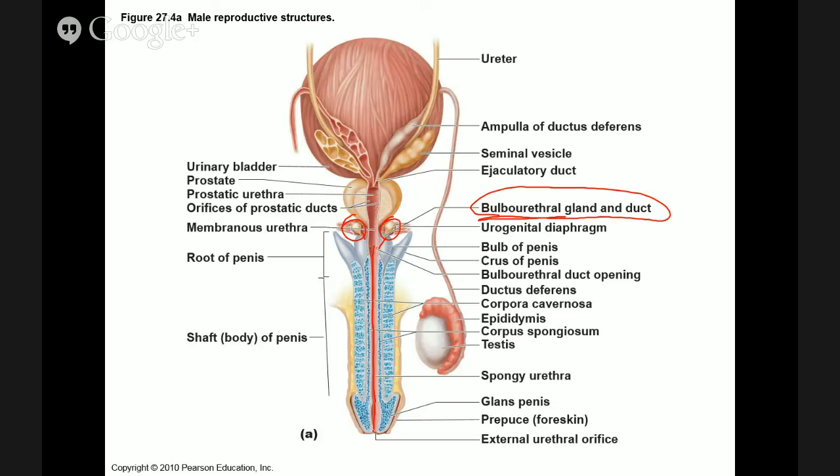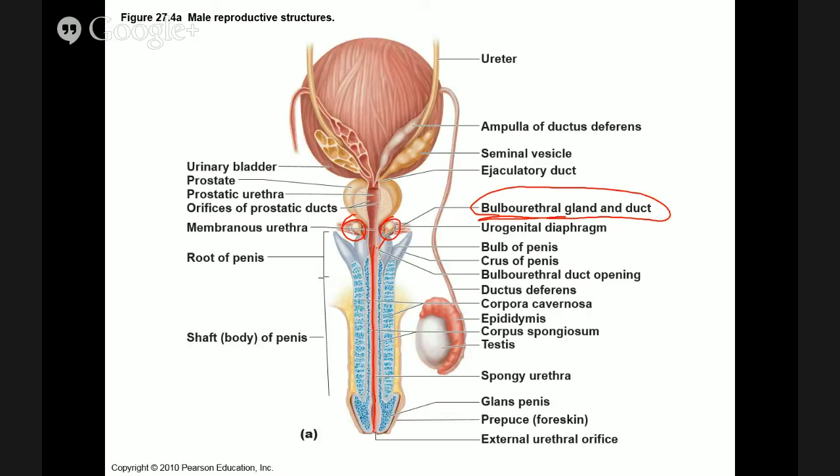We have a coagulating enzyme. The reason why there's a coagulating enzyme that is secreted with the sperm is because when the sperm make their way into the female reproductive tract, the first place that they end up is in the vagina, which is an acidic environment. It's antimicrobial. It's not sperm friendly. So when the sperm get ejaculated into that region, if they just started swimming through the female reproductive tract at that time, a lot of them will get killed off.